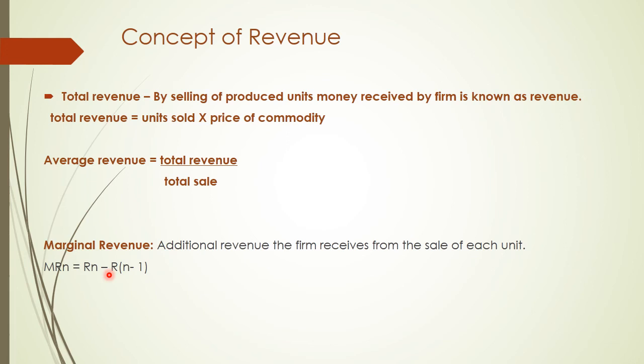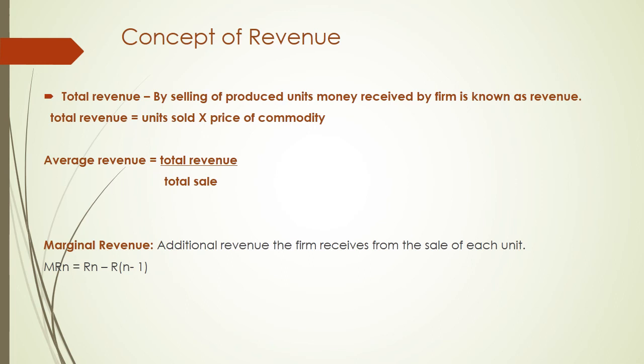And next comes the marginal revenue, that is the additional revenue the firm receives from the sale of each unit. The formula is MR_n is equal to TR_n minus TR_(n-1), where n is the number of units sold, right? With one more additional unit, what effect does it have? Now let us take an example for this. In the earlier example, the firm sold 1000 units of pen at rupees 50.